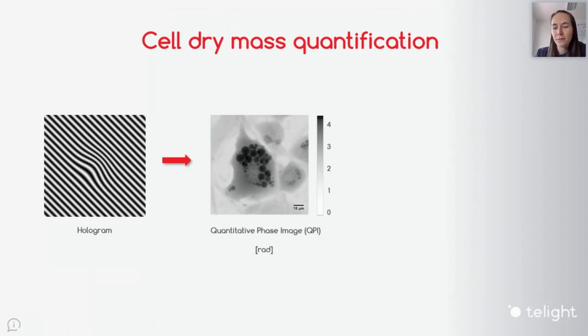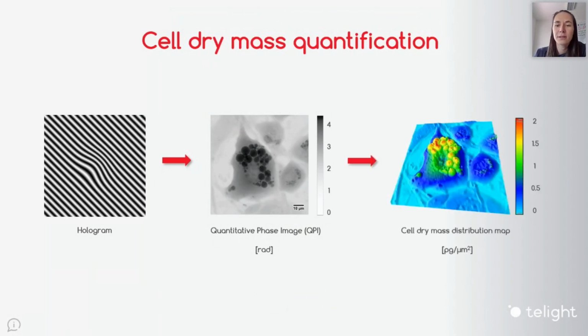But you can take one step further and directly quantify the cell dry mass, because the phase shift, how much the light is delayed when passing through the cells, actually depends on the cell dry mass. So the higher the cell dry mass, the higher the phase shift. So quantitative phase imaging allows you not only to visualize cells in a quantitative way, but also to quantify the cell dry mass.